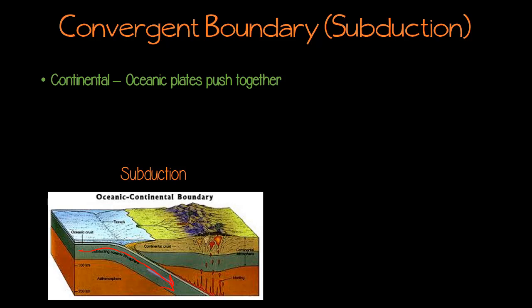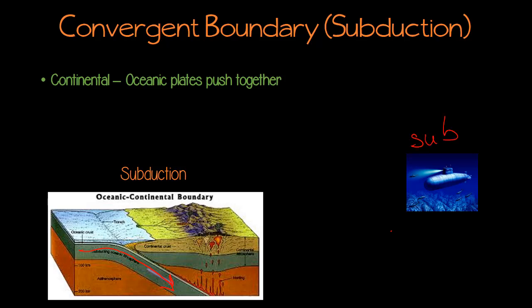And I like to remember that submarines, which start with SUB, go down under the water. And in subduction, SUB, the oceanic plate goes down underneath the continental plate. And as that oceanic plate gets forced down, it's moving deeper and deeper into Earth.